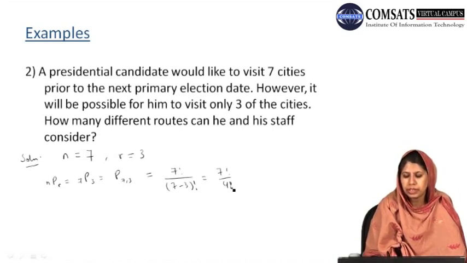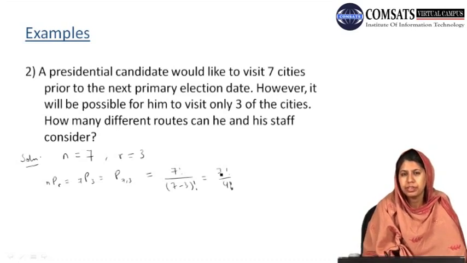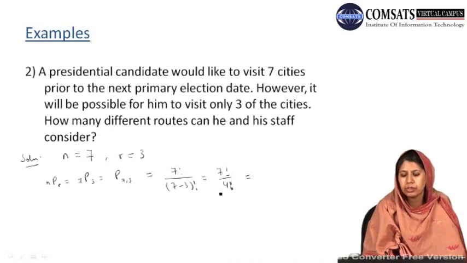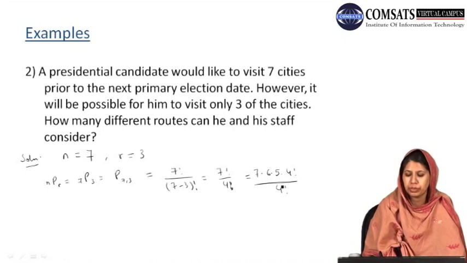And now we will do the same thing as we have done in our previous example. That is, we will open the numerator, 7 factorial, only up to the required number, that is 7 into 6 into 5 into 4 factorial divided by 4 factorial.